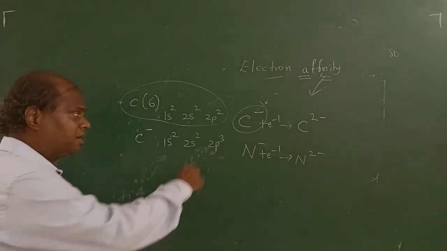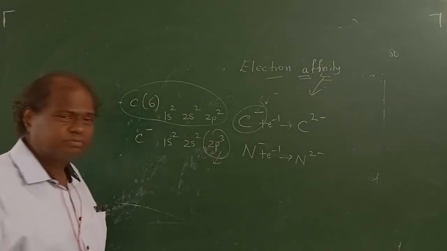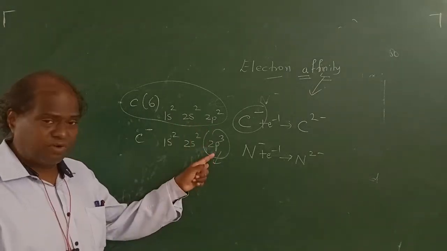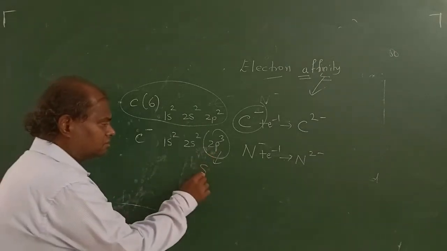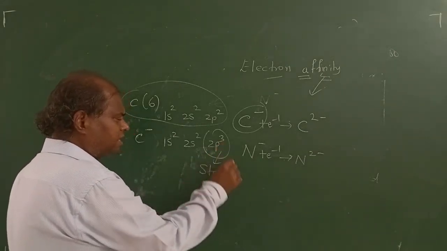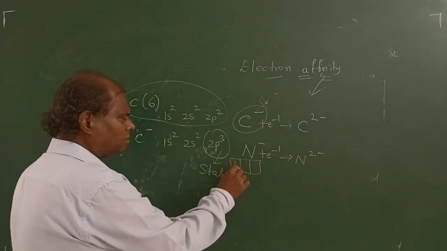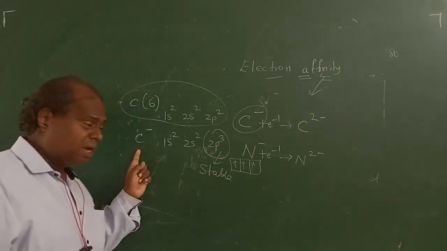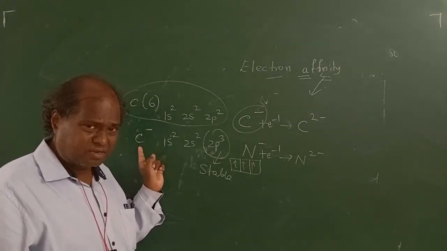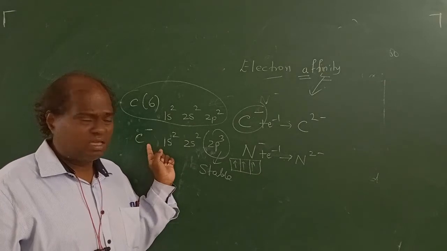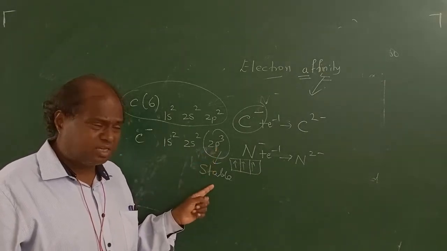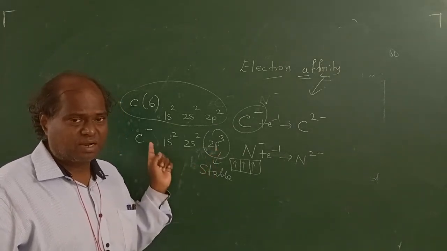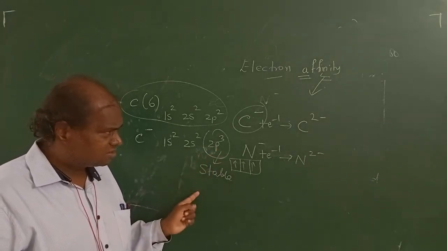Now, students, you know that half-filled orbital is more stable. C minus, 2p3, 2p2, right? Half-filled is more stable. P can hold 6 electrons, so this will be half-filled. So now it will be difficult to add an electron to C minus. Why? Because you are getting a stable configuration. Difficult to add electron because you are disturbing the stability, right?